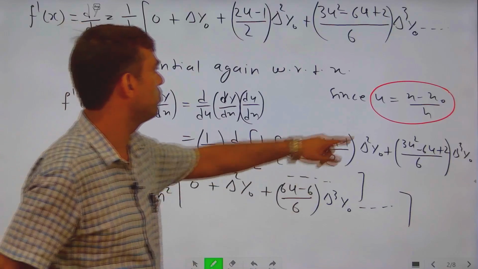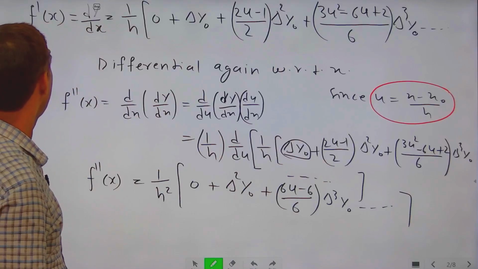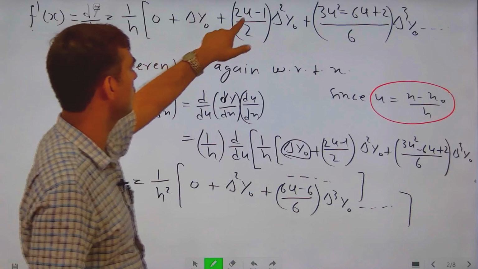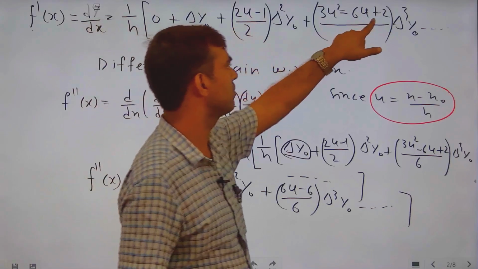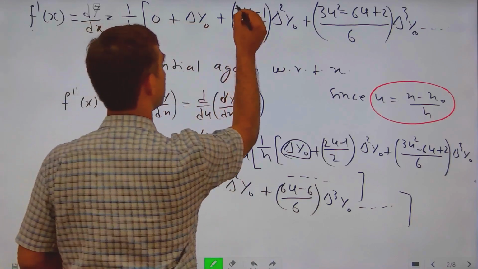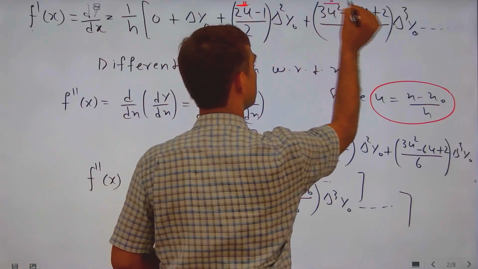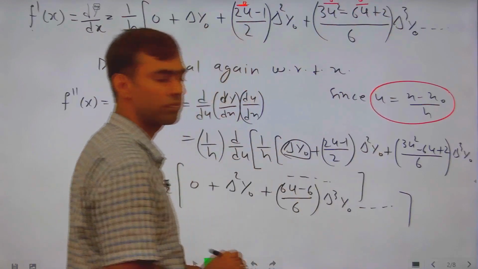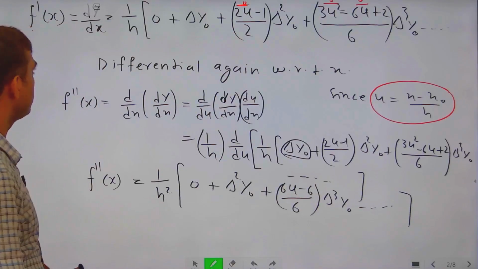If the value of u becomes 0, then what is the value of the derivative? f'(x) equals del y0, and here this becomes minus 1/2, this becomes 1/3, and so on, because u becomes 0, so those terms become 0.